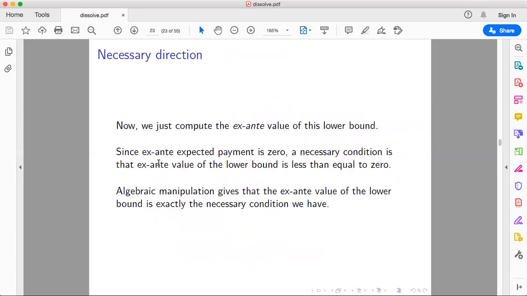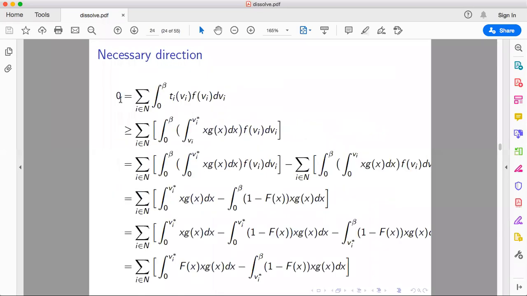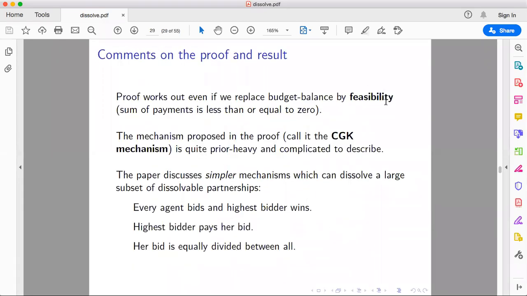But in the necessary direction, even if you have that the sum of t_i(v) is less than or equal to 0, then also the proof will work out, because then this thing will become less than or equal to 0, and here you will have 0 greater than or equal to this, and everything will still work out. So the proof works out even if we replace budget balance by what I call feasibility, that is the sum of payments is less than or equal to 0.